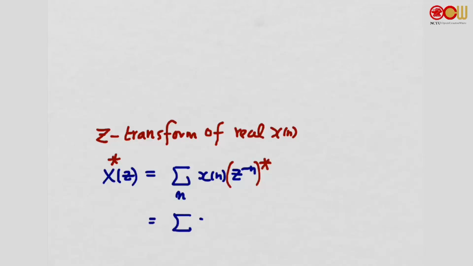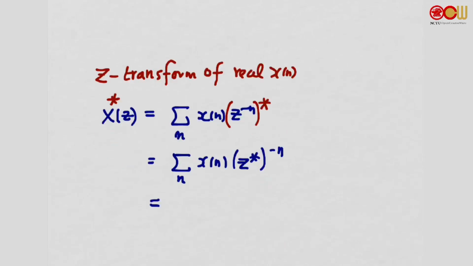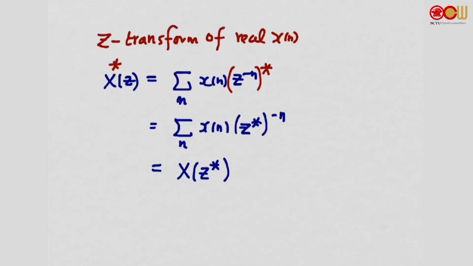And this is the same as the sum of x[n] z conjugate to the minus n. We see that this is the Z-transform of x, except that z is replaced by z conjugate.